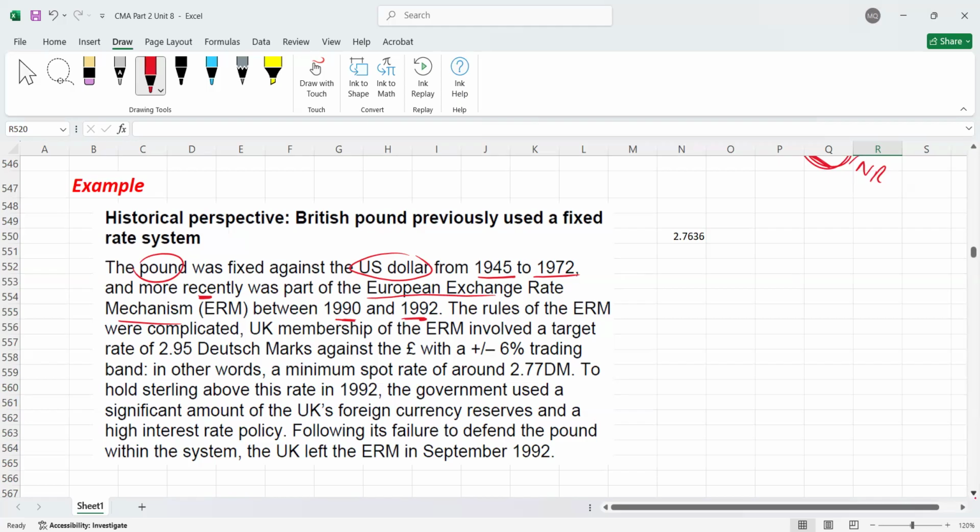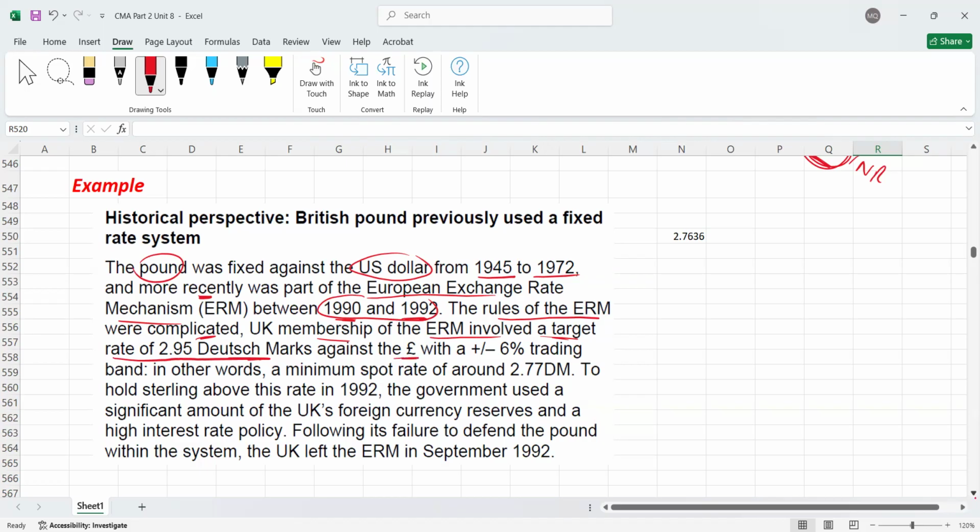So what happened between 1990 and 1992? The rules of the European Exchange Rate Mechanism were complicated. UK membership of the ERM involved a target rate of 2.95 German marks, or DM, the German currency, against £1.